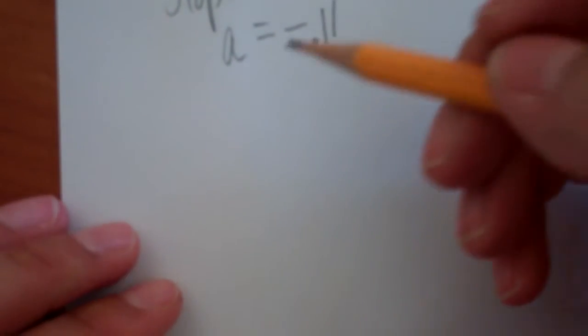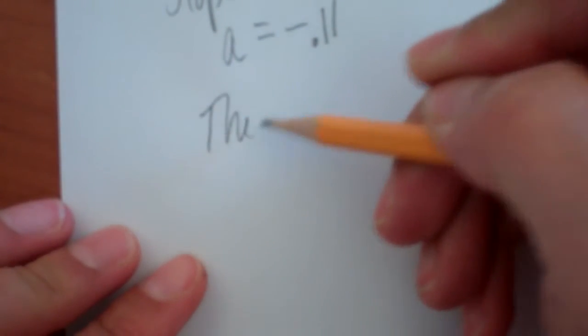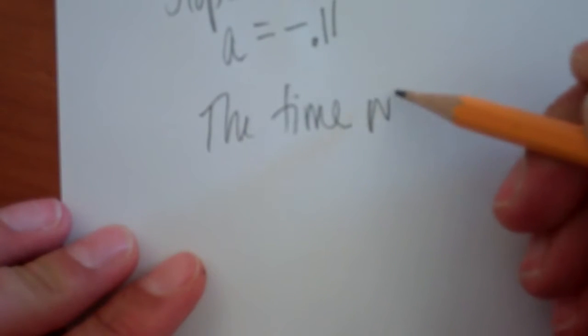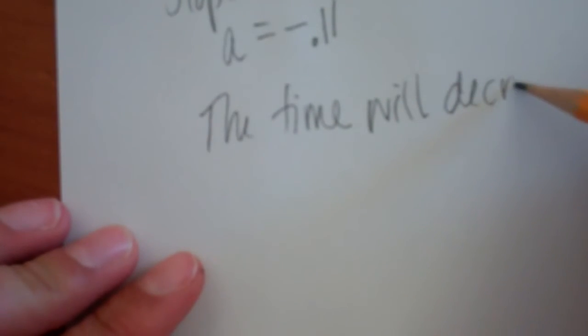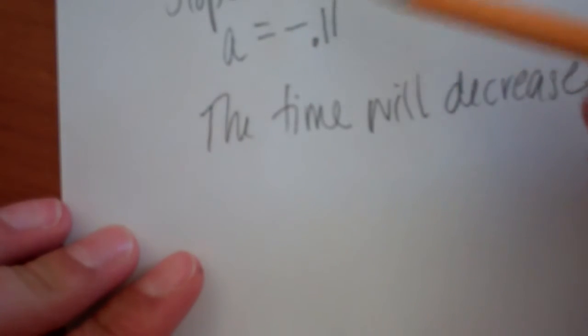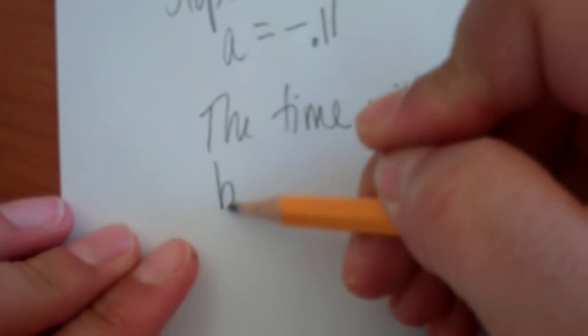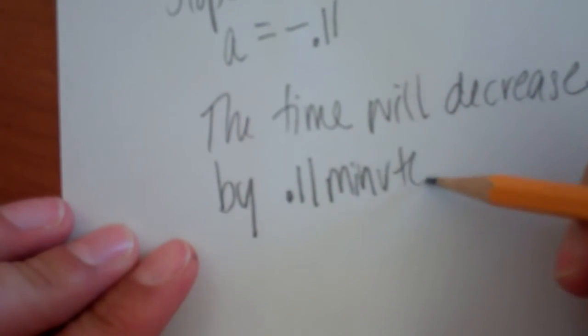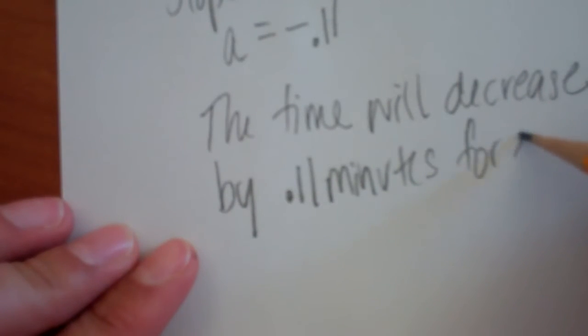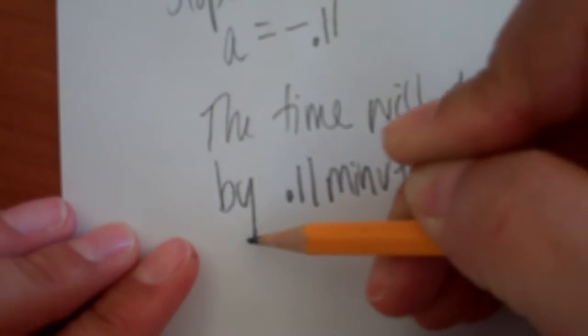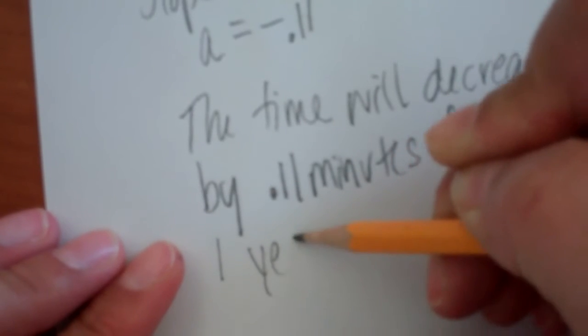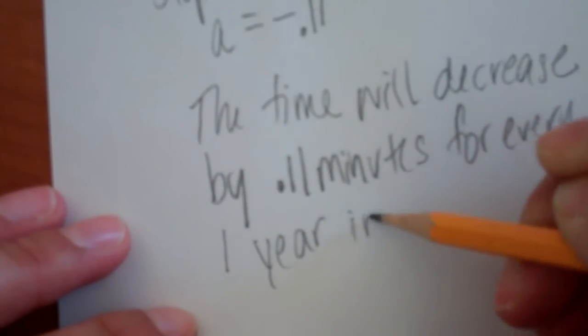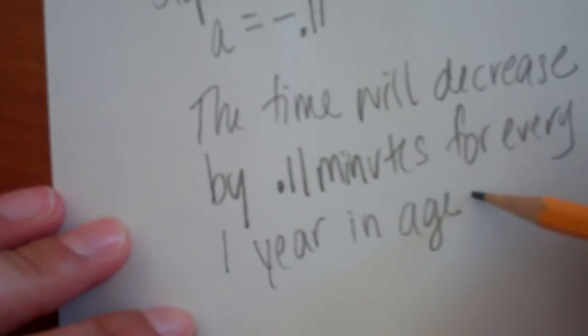Our sentence would look something like this: the time will decrease, and I'm using the word decrease because I have that negative, by 0.11 minutes for every 1 year in age increase.